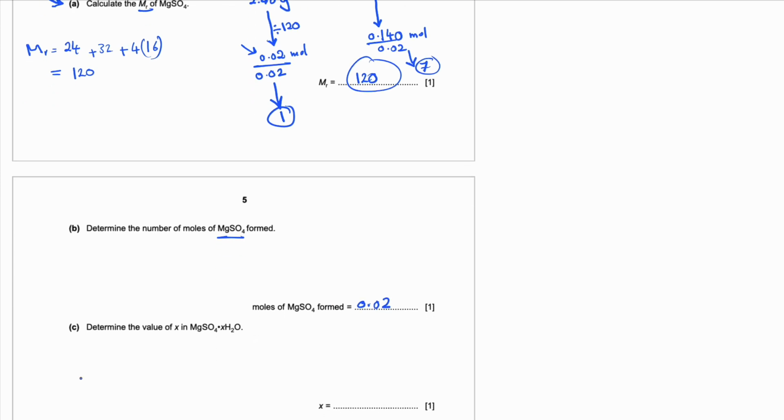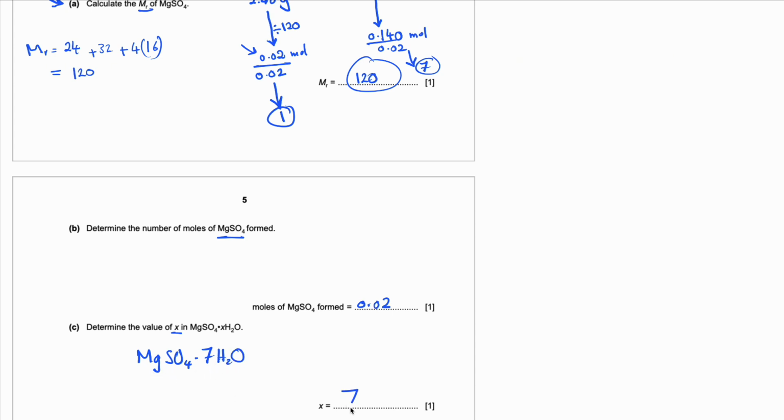And in the next point, he's asking you to determine the value of X. In other words, he wants you to find the formula of that hydrated salt. So as we mentioned before, the ratio is 1 to 7. So it's going to be MgSO4.7H2O. It means we have 7 water molecules included in the structure.